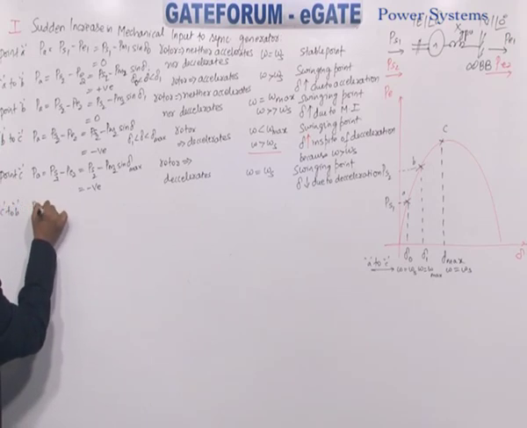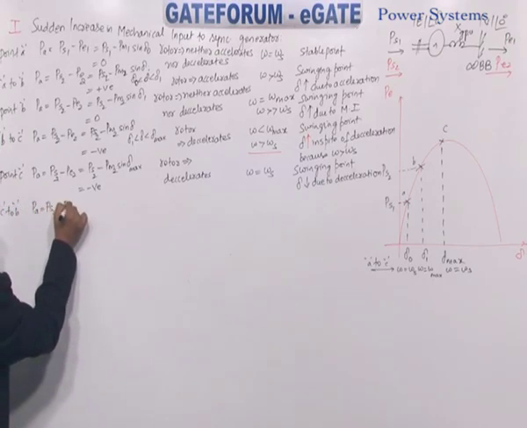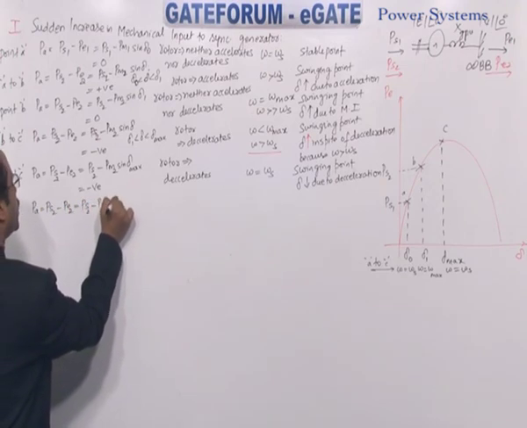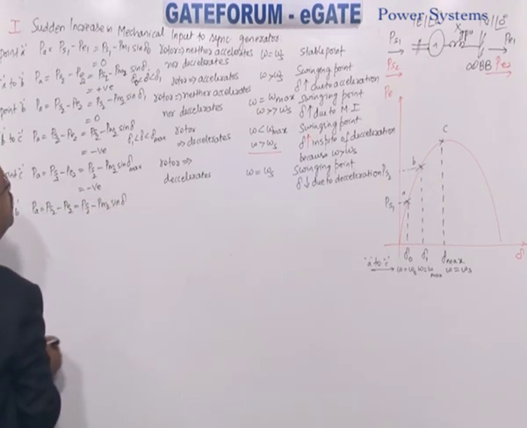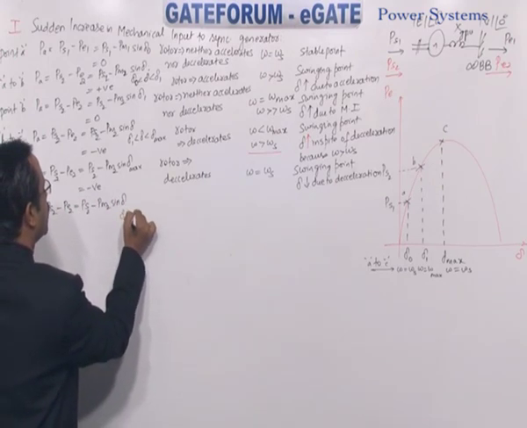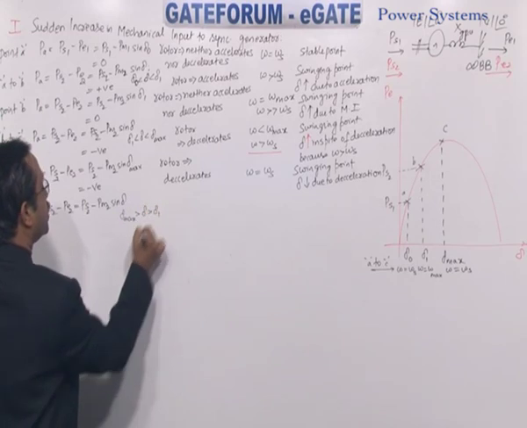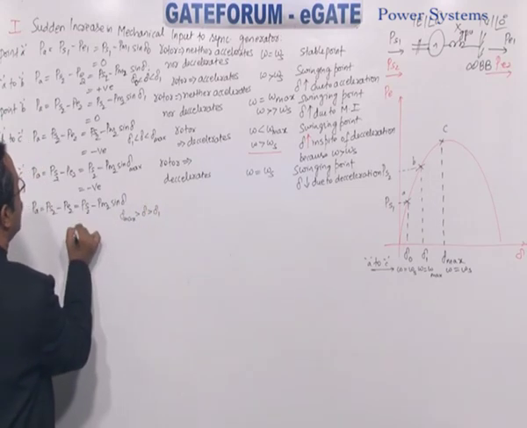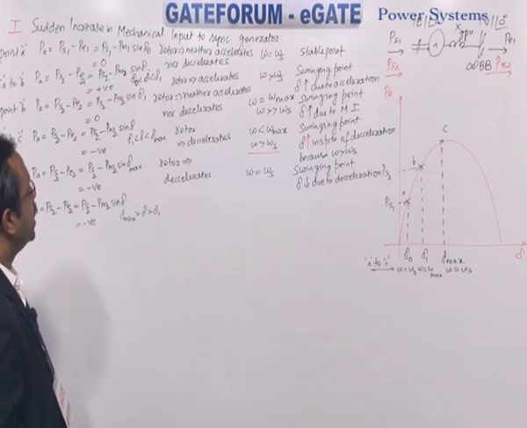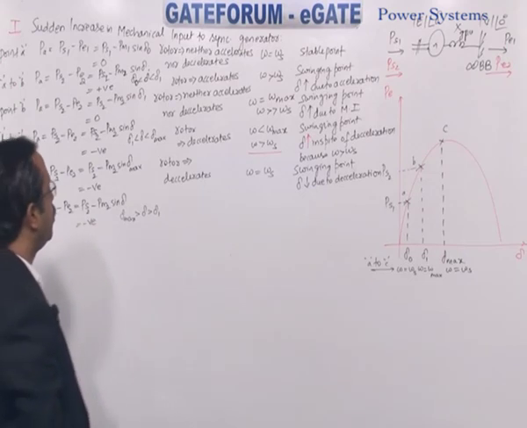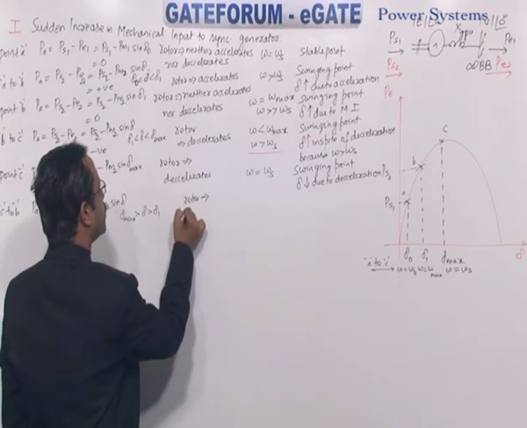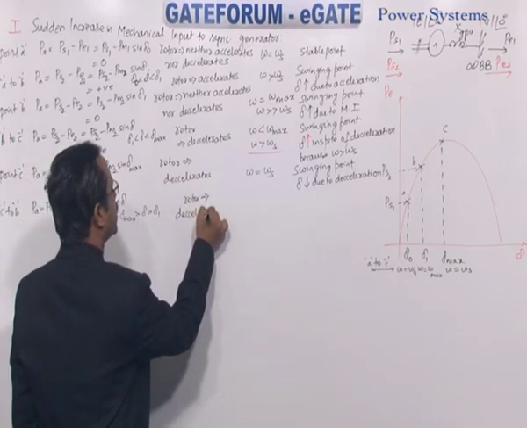So what is PA? PS2 minus PE2. What is PE2? PM2 sine delta. And what is the range of delta now? Between delta 1 and delta max. What about the difference now? Negative. As the difference is negative, what about the rotor? It decelerates.